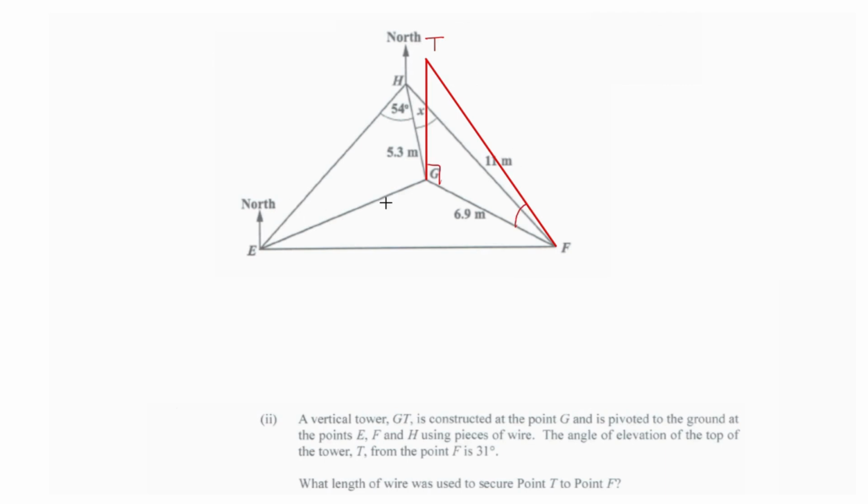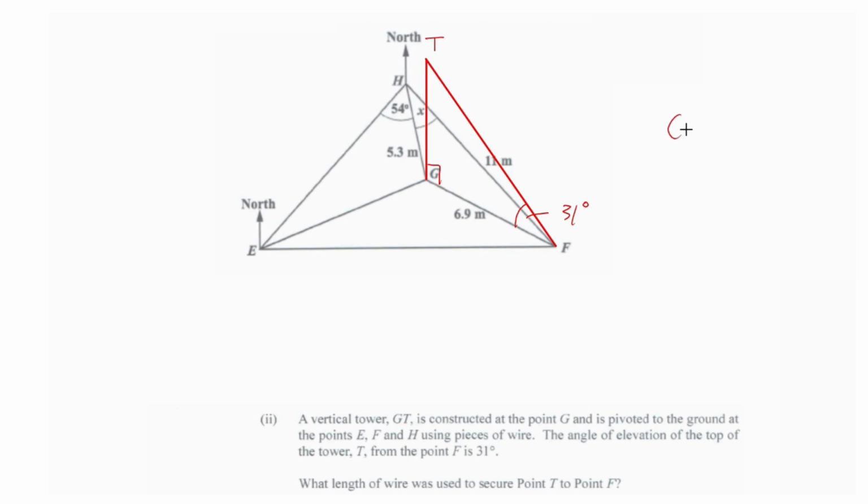So we have a right angle triangle here, TGF, and we're required to find the length of the wire that was used to secure the point T to F. So T to F, we want to find this length here. So we have a right angle triangle where we have this angle as 31, which is the angle of elevation, and we have the adjacent side given, and we want the hypotenuse. So we're going to use cosine.